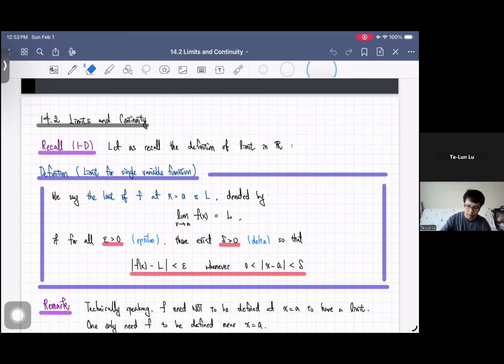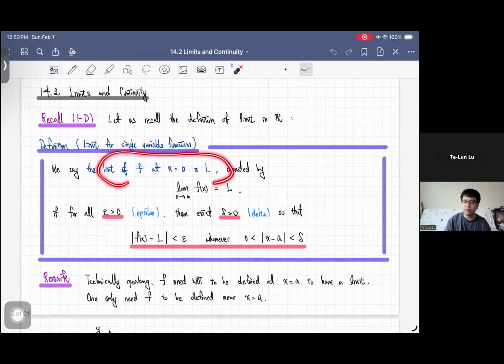So by saying the limit of f at a is L, we're simply saying that for any point close to a, the value looks like L. But we don't really care about the point a. So whether f of a is defined or not, it is safe to say the limit of f at a is some number L. Okay, that is what I'm saying here.